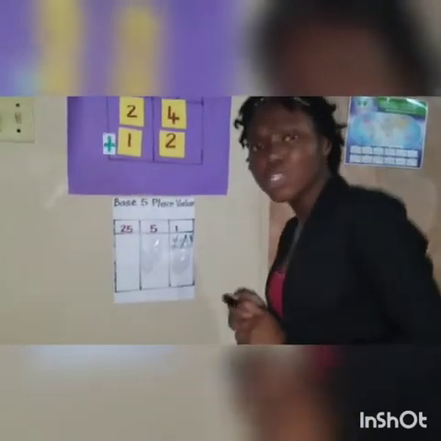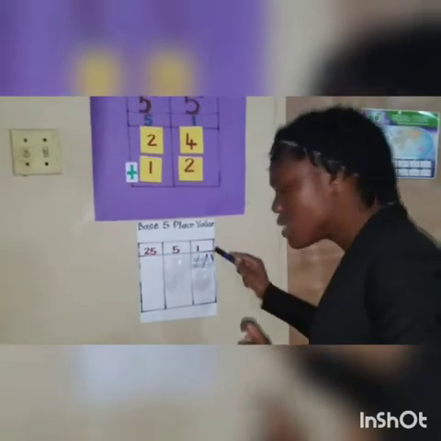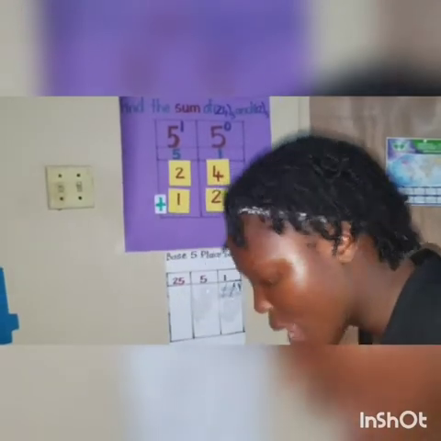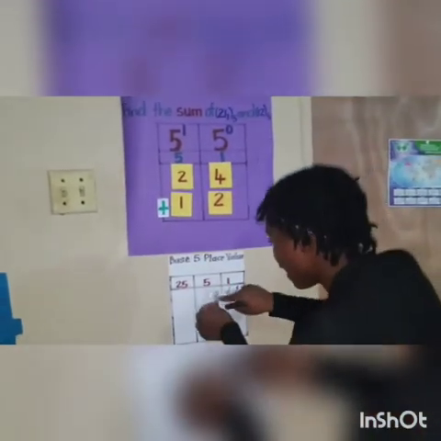So what do you think we're going to do with the 5 that we just took away from the 6? We are going to place it over in the 5 column.